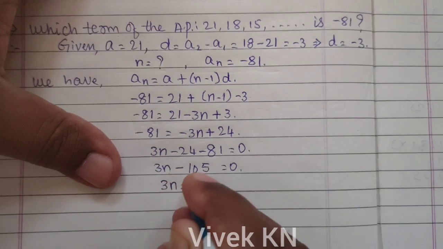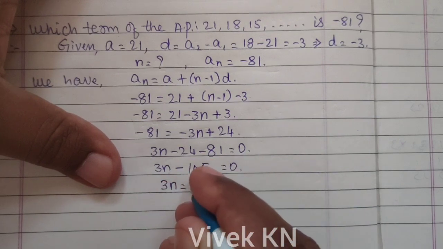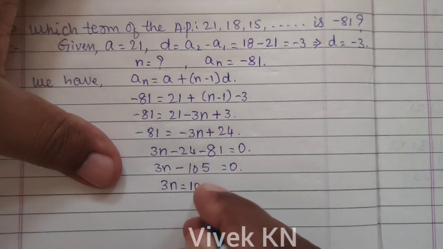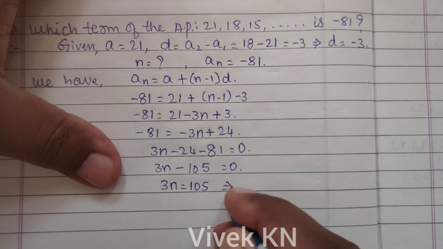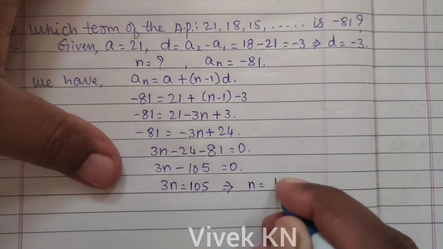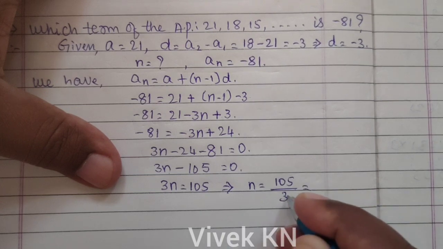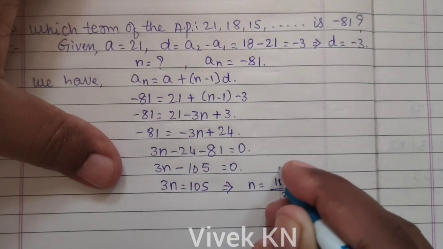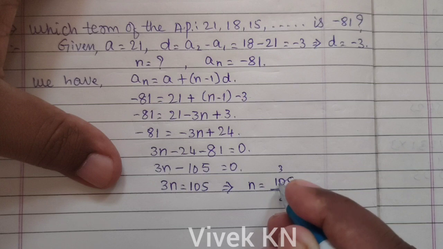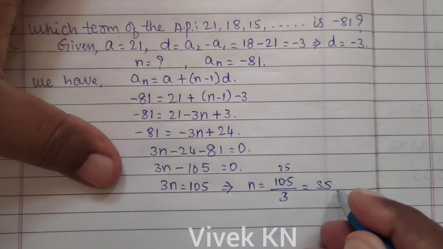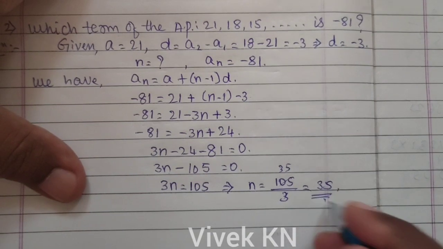So 3n is equal to, shifting this minus 105 to the right hand side, we get plus 105. We have to find the n value. So 105 divided by 3 is equal to, 3 fives are 15. That is n is equal to 35.